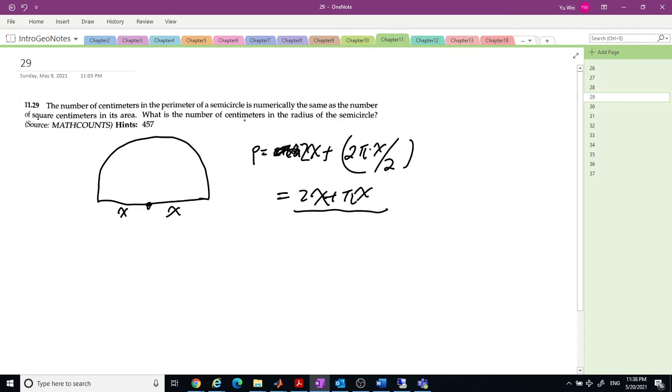This is the perimeter. Now let's see the area. The area is pi times x squared, then divided by 2. So we have 2 plus pi times x, they are equal. So now you can solve: x is equal to 4 plus 2 pi, divided by pi.